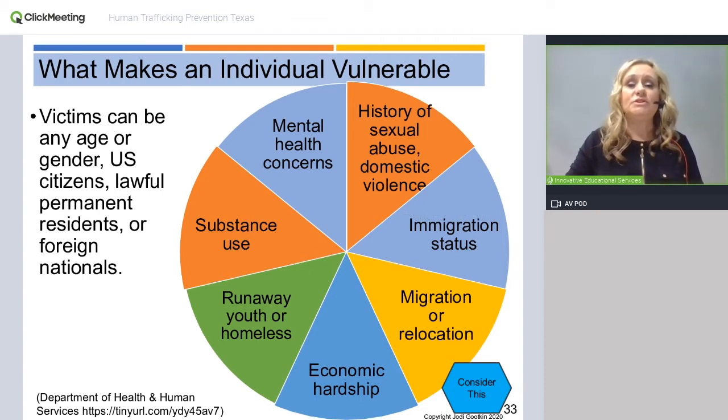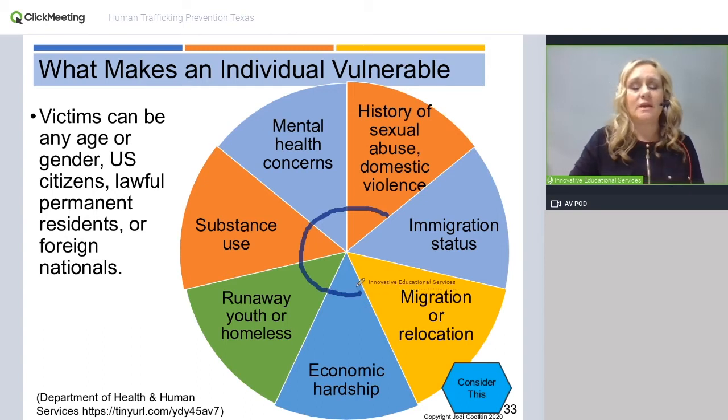They may have a history of sexual abuse or domestic violence situations, mental health concerns and substance abuse, individuals who are runaways or youth who are homeless or in the foster care system, as well as individuals who have economic hardship and financial strains.